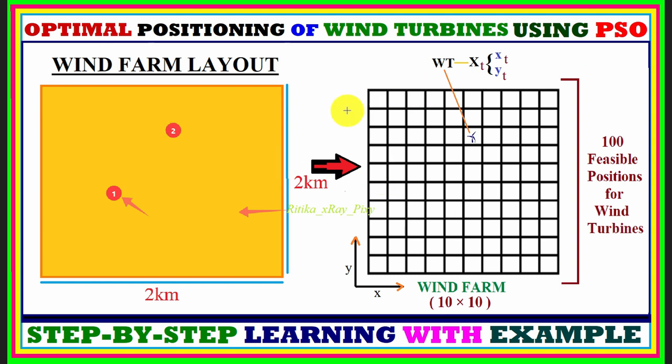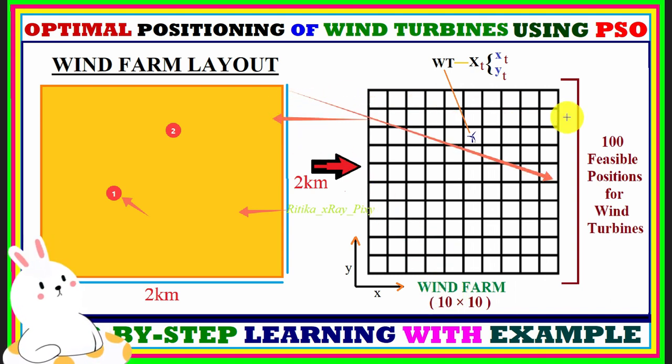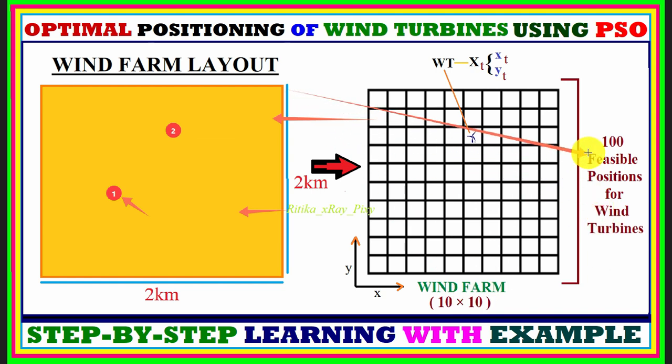Next, you can see here this layout area is divided into 10 by 10 grids, and as the area is divided into 10 by 10 grid, it means we have 100 possible positions for the wind turbines.